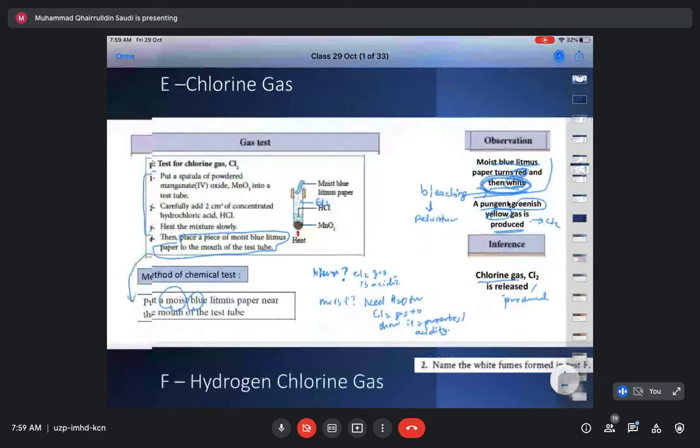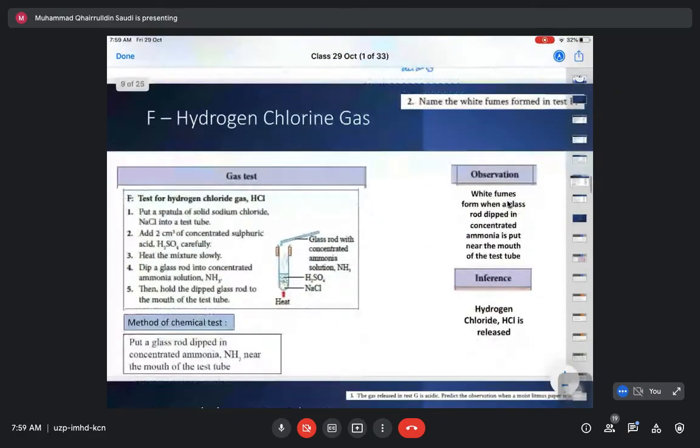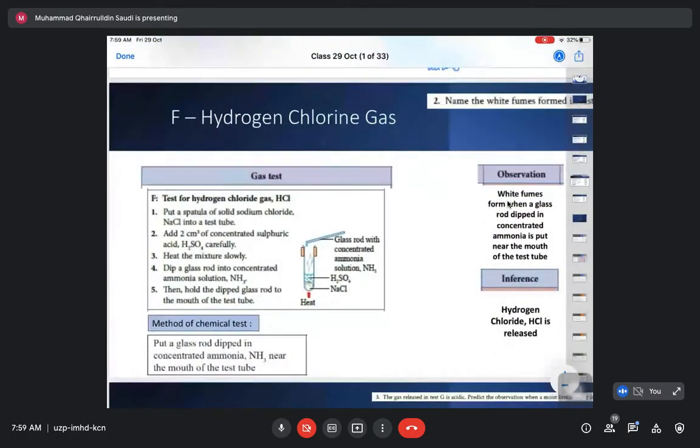The next one is hydrogen chloride gas. Okay, to produce hydrogen chloride gas, they add solid sodium chloride into a test tube and then add concentrated sulfuric acid, and the mixture is heated, and then dip a glass rod into concentrated ammonia solution. Okay, so this is how we test for hydrogen chloride gas.